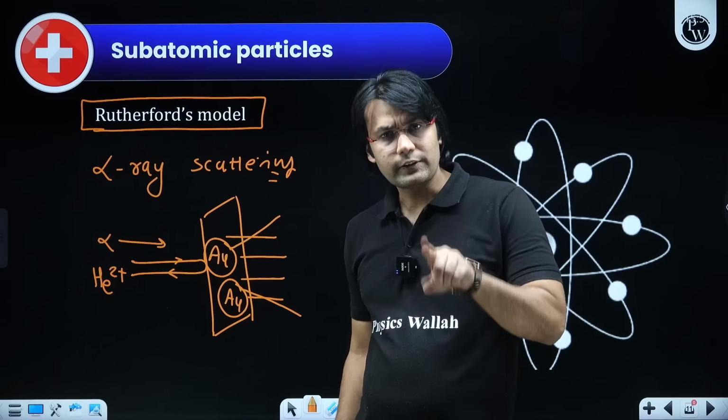For example, suppose I take 2p and 3s. For 2p, n plus l will be 2 plus 1, which is 3, and for 3s, it is 3 plus 0, which is 3. So for 2p and 3s, we are getting the same value of n plus l, that is 3. In that case, when your n plus l values are equal, the one with the larger n value will have more energy. So out of 2p and 3s, 3s has the larger n value, which is 3. So definitely here, 3s will have more energy than 2p.